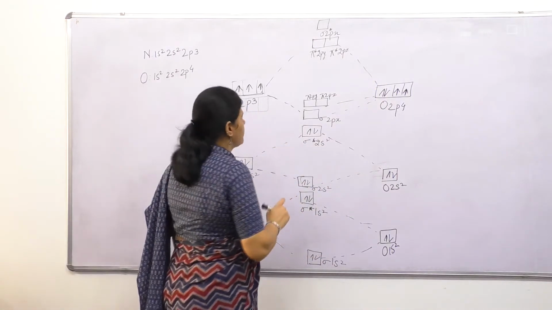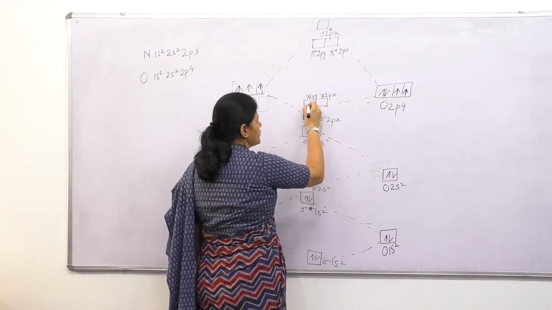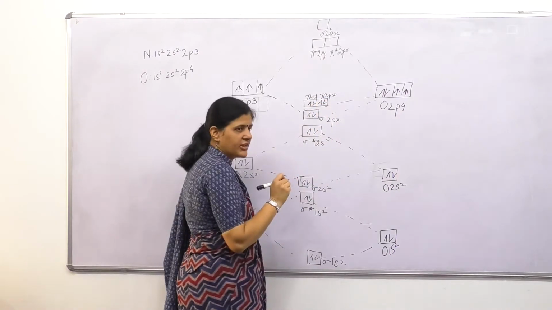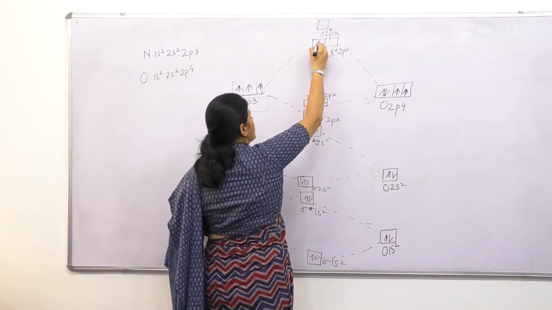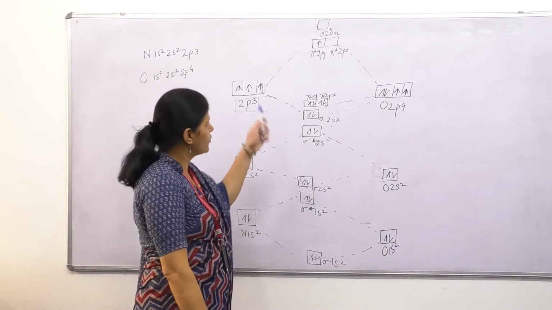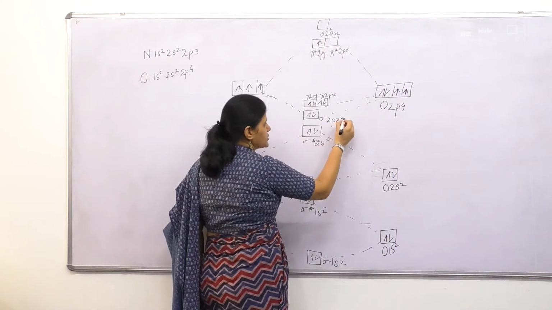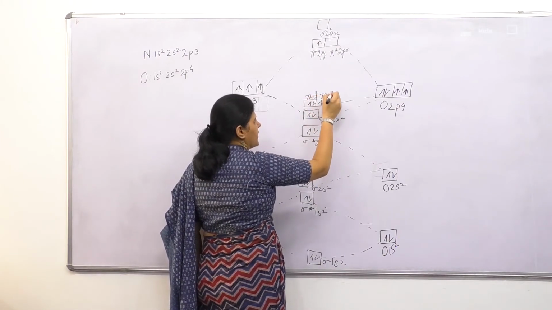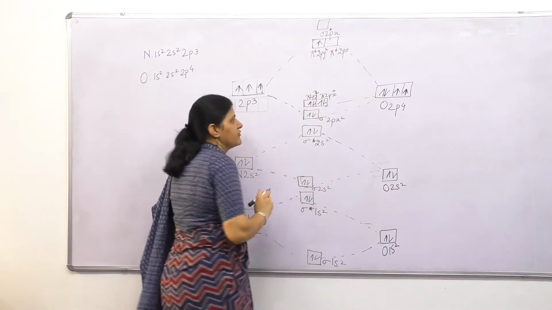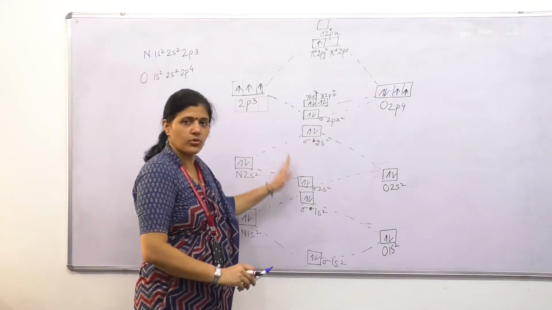Filling of electrons, we have 3 and 4, 7 electrons, 1, 2, 3, 4, 5, 6, and the 7th electron will occupy any of these two anti-bonding orbitals because they both are equal in energy. So it will become sigma 2px2, pi 2py2, pi 2pz2 and pi anti-bonding 2py1. This is the diagram of the NO molecule.